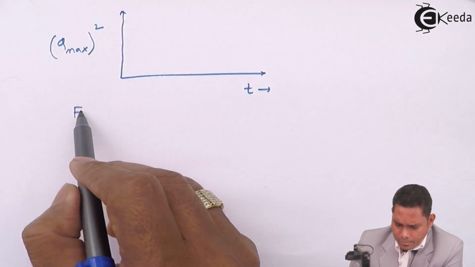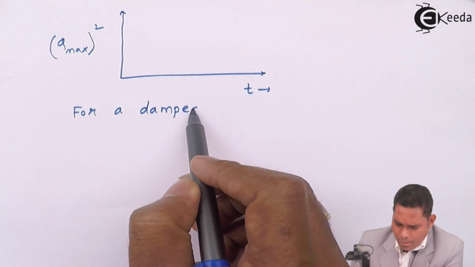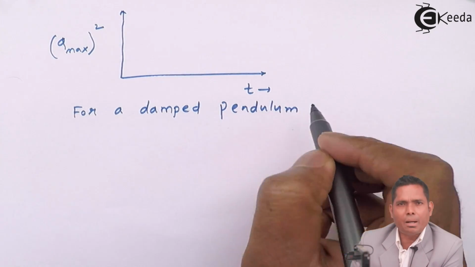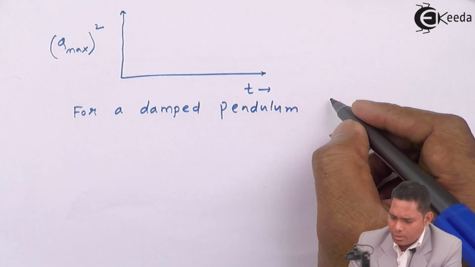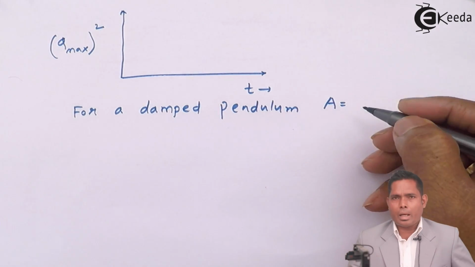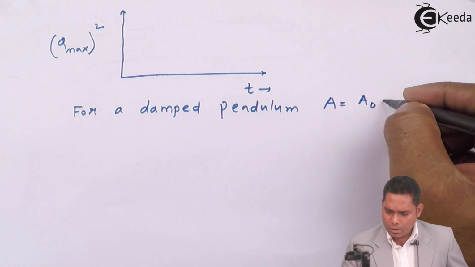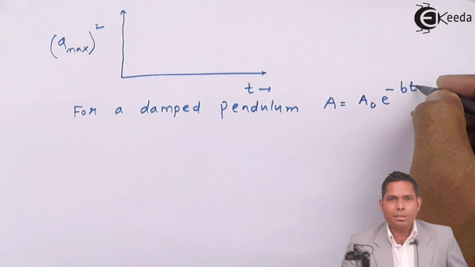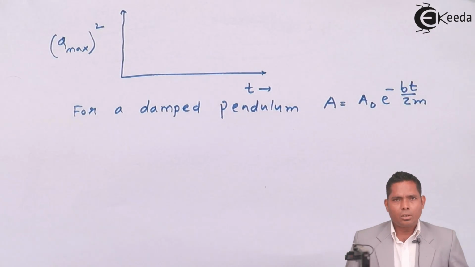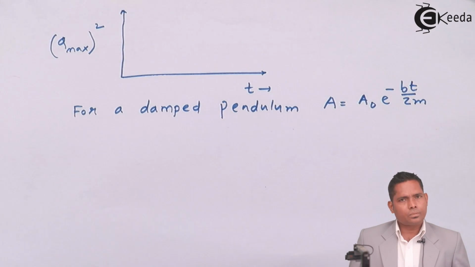For a damped pendulum, we know that for damped oscillation, the expression for the amplitude is A equals A naught e raised to minus bt divided by 2m, where m is the mass of the oscillator and b is a constant.